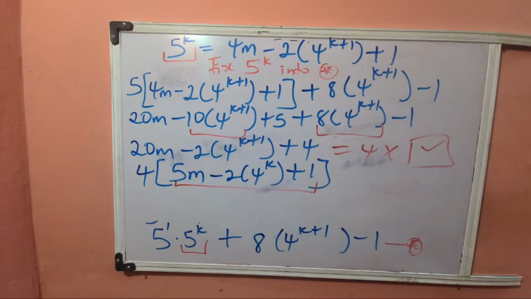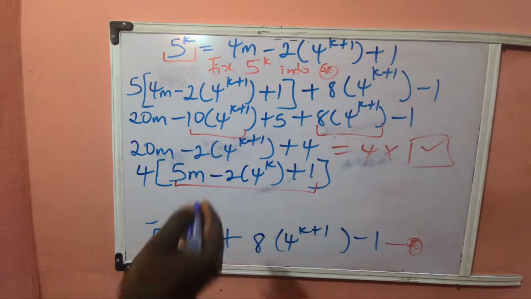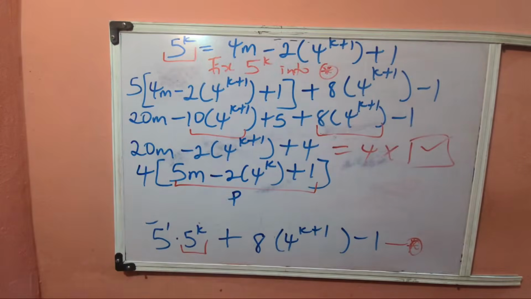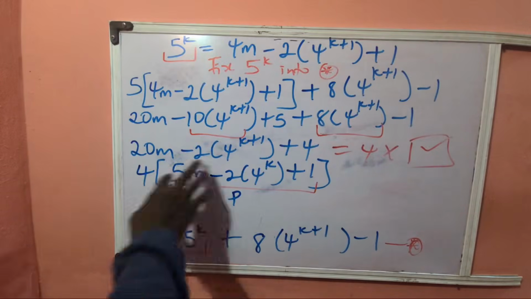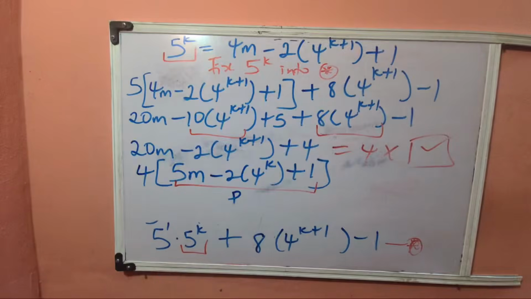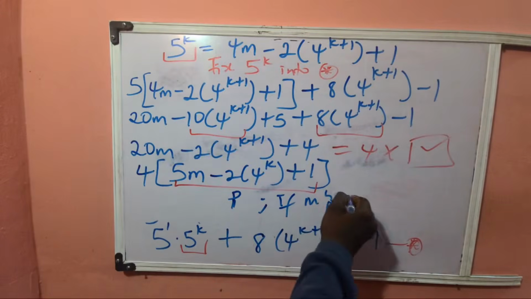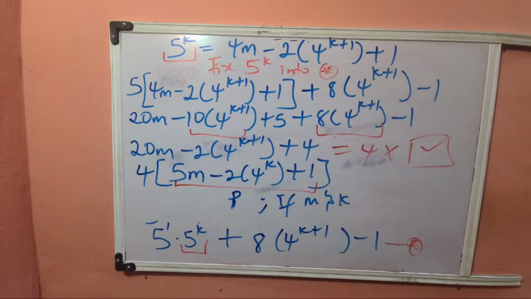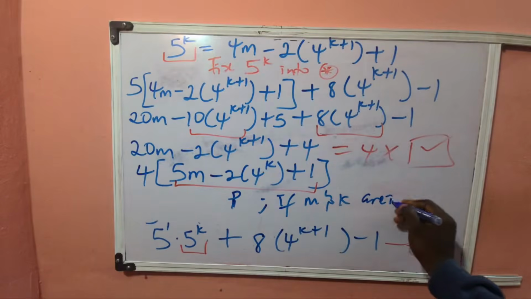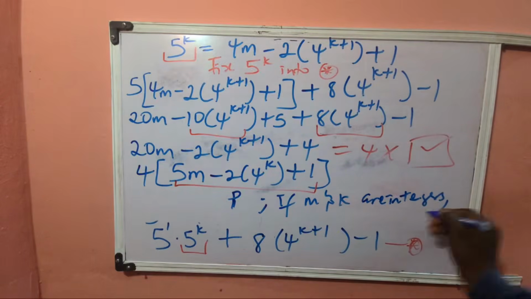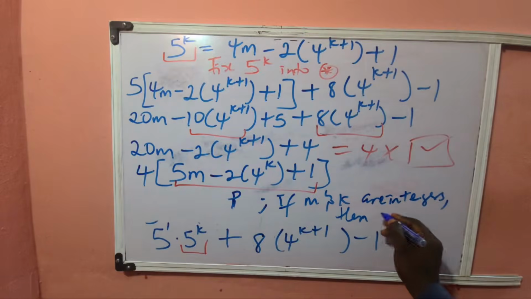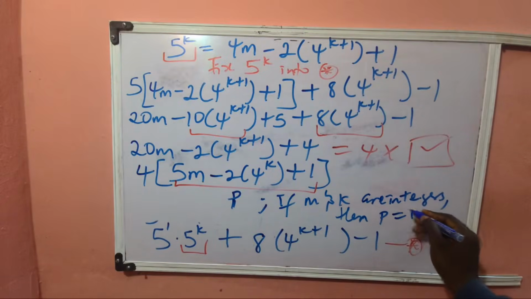So what does this tell me? This tells me that I can represent my answer here as p. Whatever the answer, I can call it p. So p also will be an integer. That means if m and k are integers, then p will also be an integer.